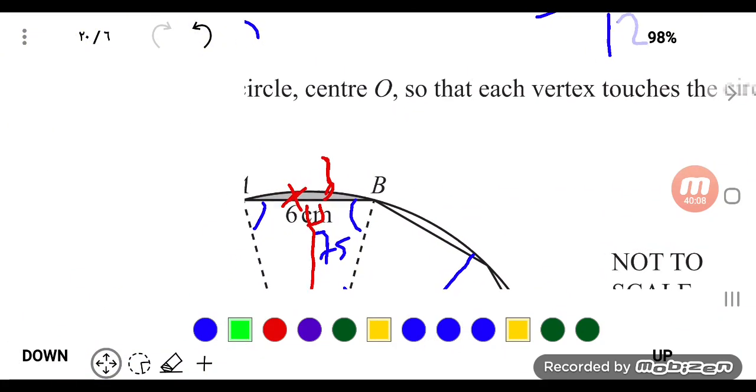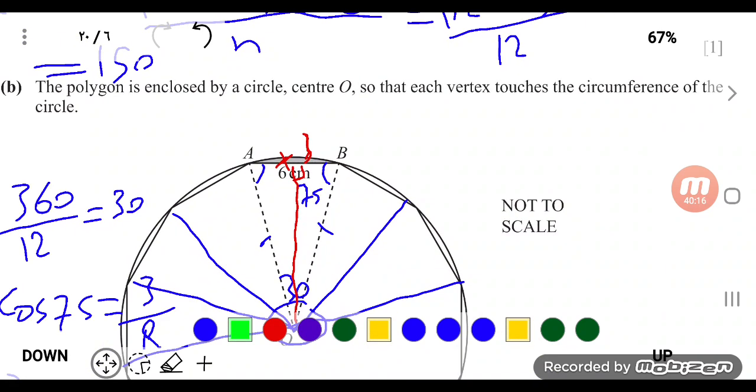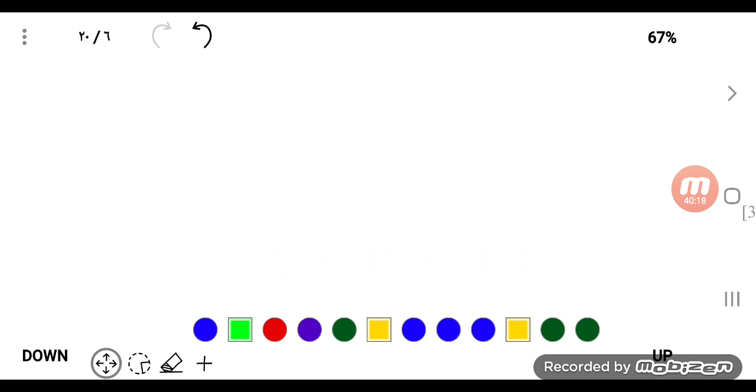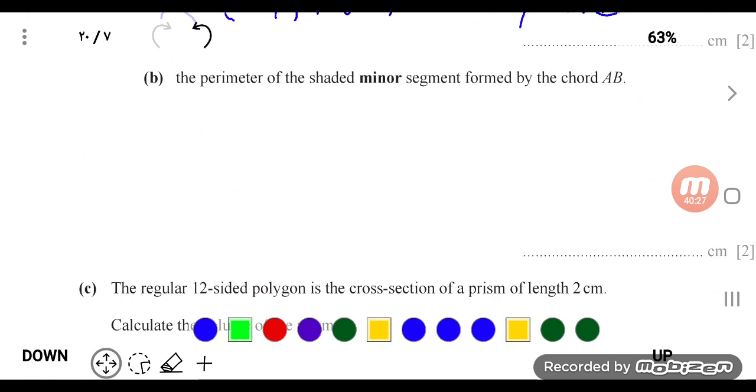Perimeter means you have to add the length of arc AB plus the length of the segment AB. Segment AB plus arc AB. So let's add them.